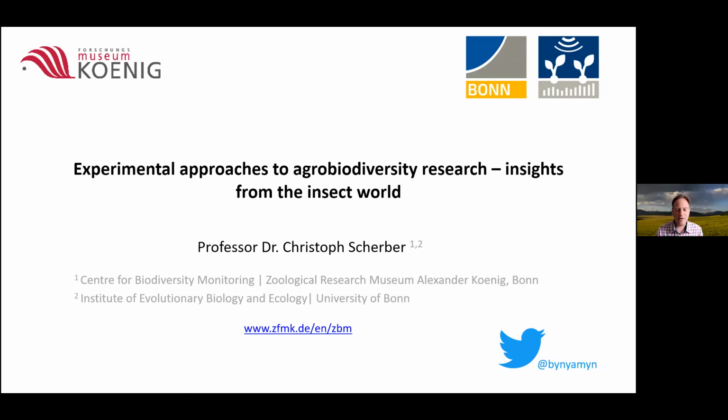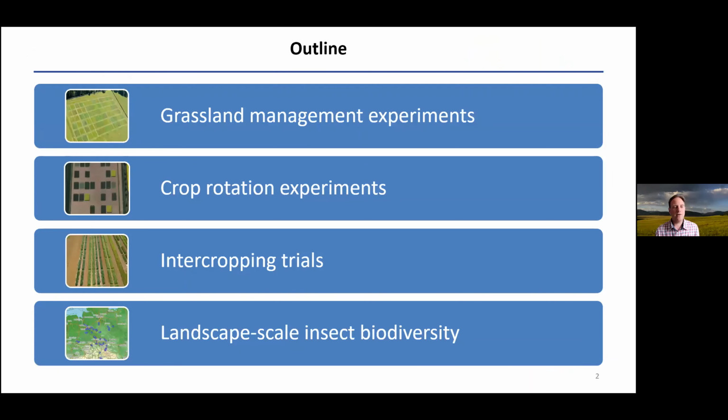So a brief outline of what I will show you today. I will show you a grassland trial that I was involved in at the University of Göttingen. Some of you may know this experiment, and we did work on insects in there.